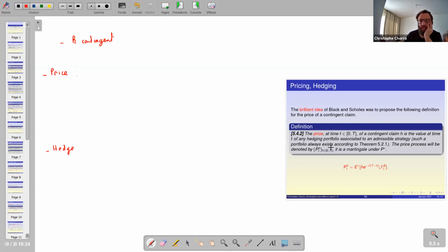So to price according to this definition, I have to compute this one at any time.